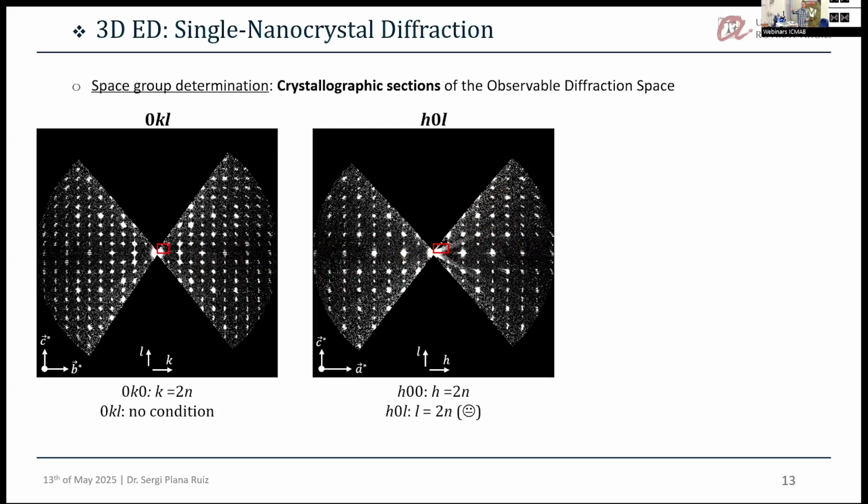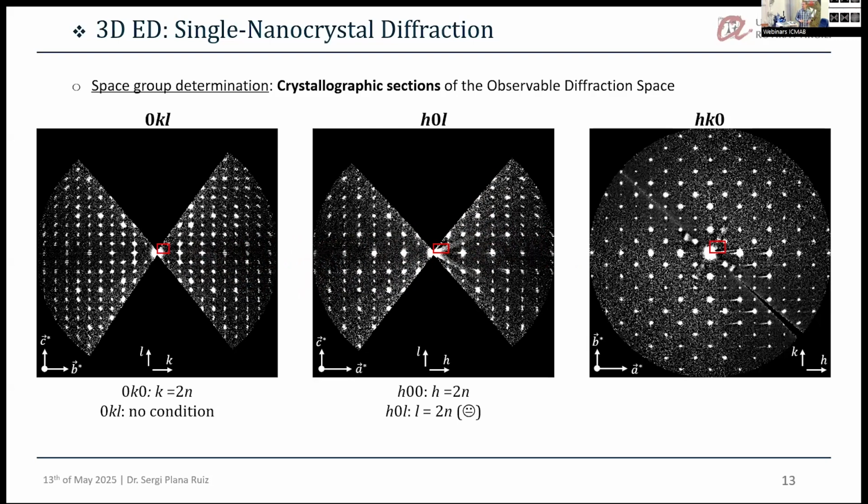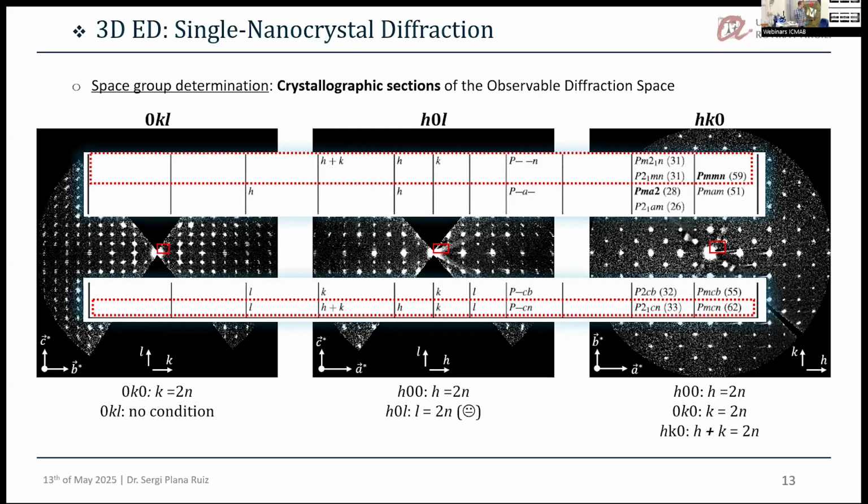So this is important to take into account in order to identify the possible space group that this crystal may belong to. And finally, if we go to the last one, the HK0, here we can see that the reflections appear in a kind of yes, no situation in the whole plane. So we have an n-glide plane along the z-axis. And with these reflection conditions, one can go to the International Tables of Crystallography and identify the possible space groups that the crystal may be related to.